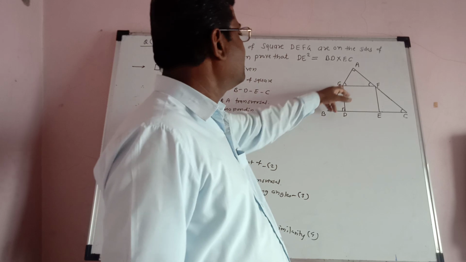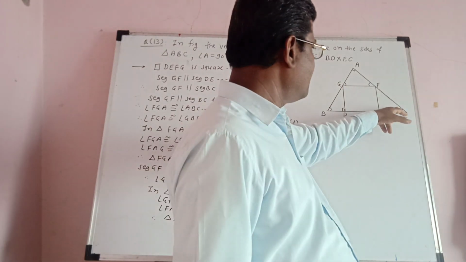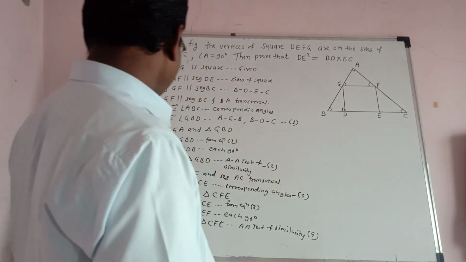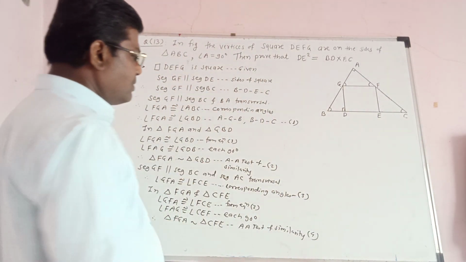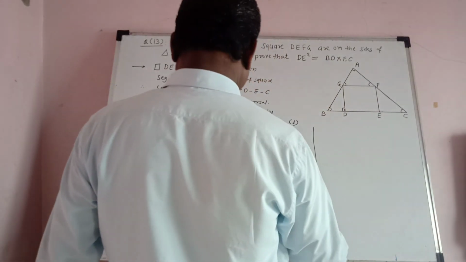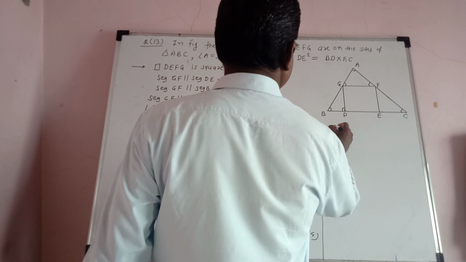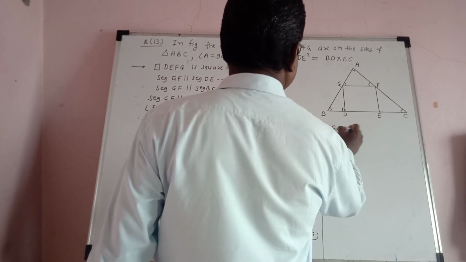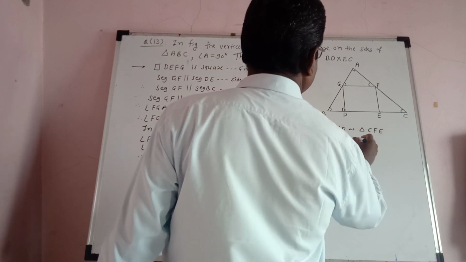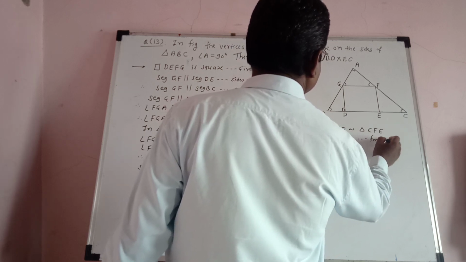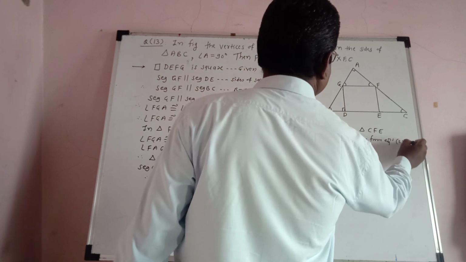Therefore, triangle GBD is similar to triangle CFE, from equations 2 and 4.